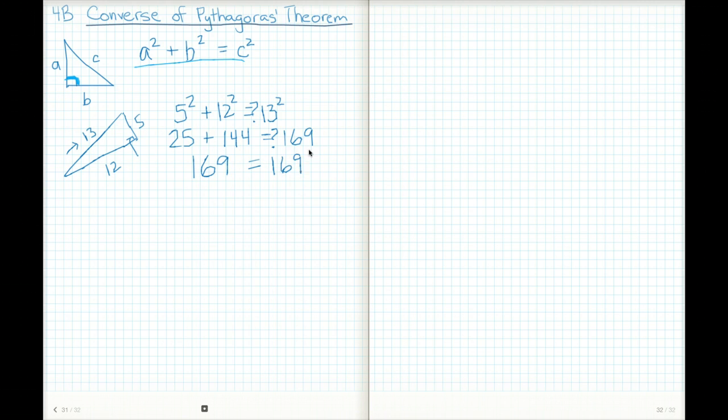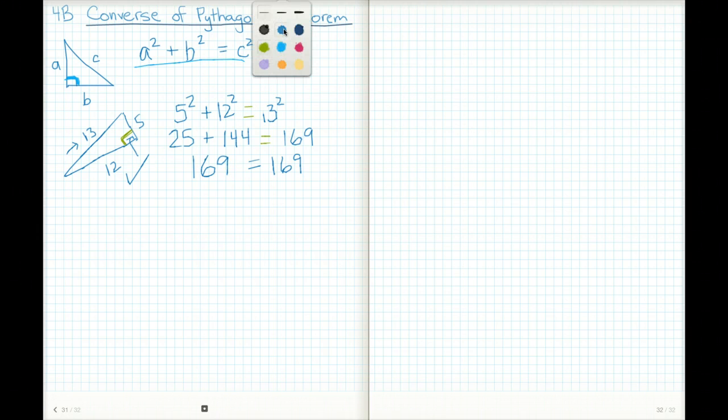Well, yes, it is. So this is a right angle triangle. And then I can write it in and say this is the right angle. And I can also erase my question marks because those are equal to each other.